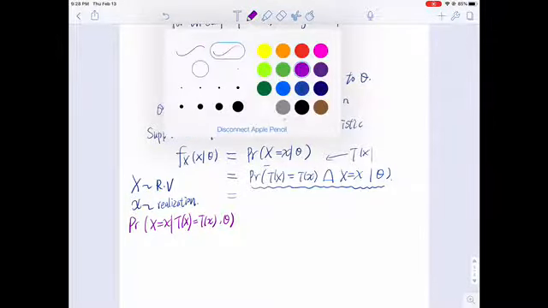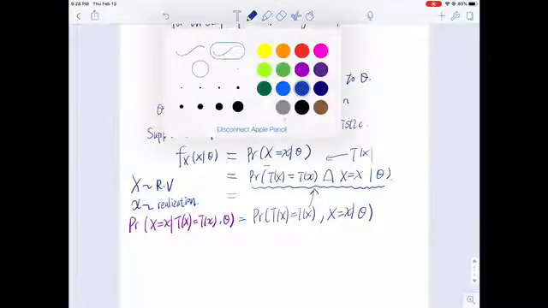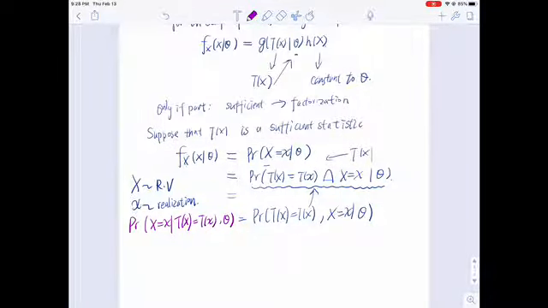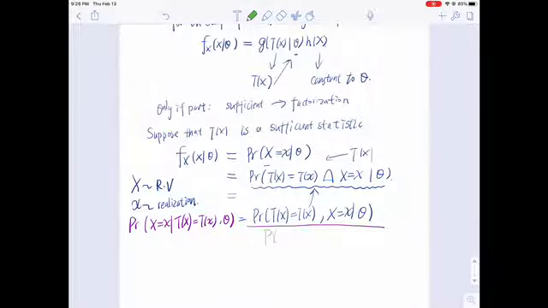By the definition, we can write it as the joint, which is exactly what we were looking for, divided by the marginal of T(x).